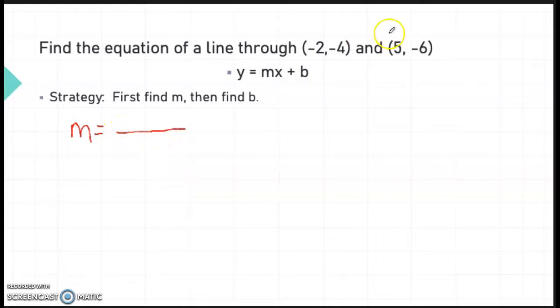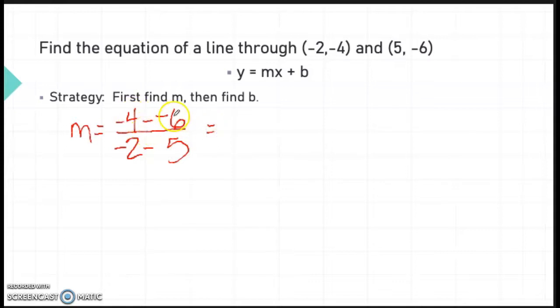So I'm going to use the first point minus my second point just to stay consistent. My y is -4 minus my other y, which is -6. I have to begin with the same point. X is -2 minus x is 5.